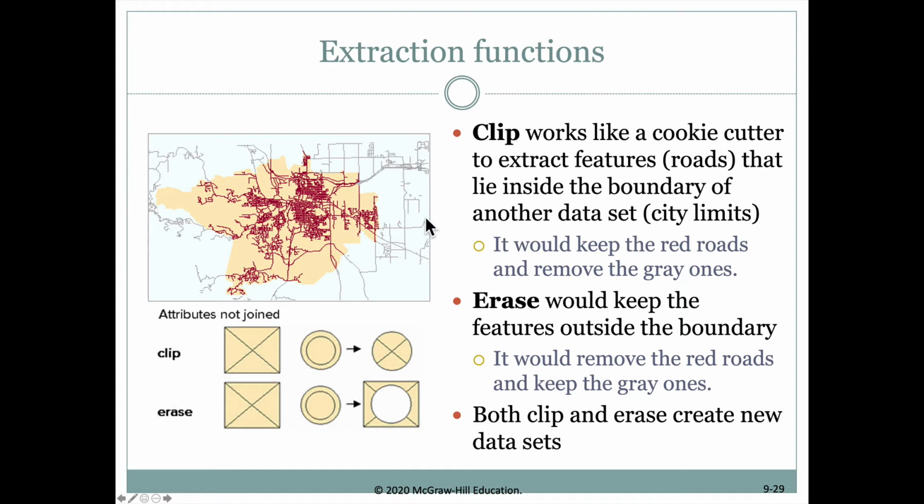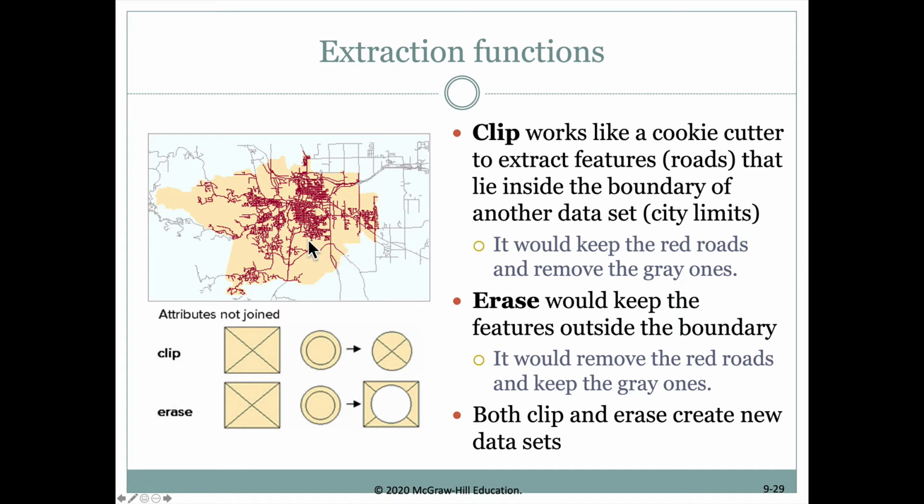Another thing that we sometimes do is extract one feature from another. In this example, we have a bunch of roads that are shown in red and gray, and then we have the city boundary, which is shown as this yellow area here. We can use a command called clip to cut. It acts like a cookie cutter, so it would cut all of these road segments right at the city limit.